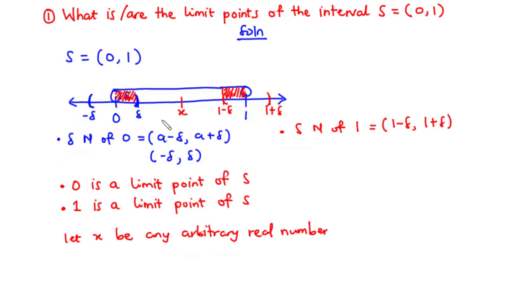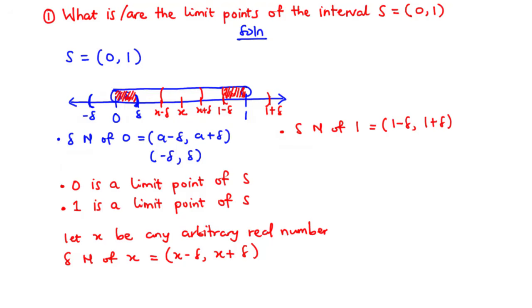Next, let's find the delta neighborhood of x. So the delta neighborhood of x is given by the interval x minus delta, x plus delta. So we have this to be x plus delta, x minus delta. So this is going to be that interval.